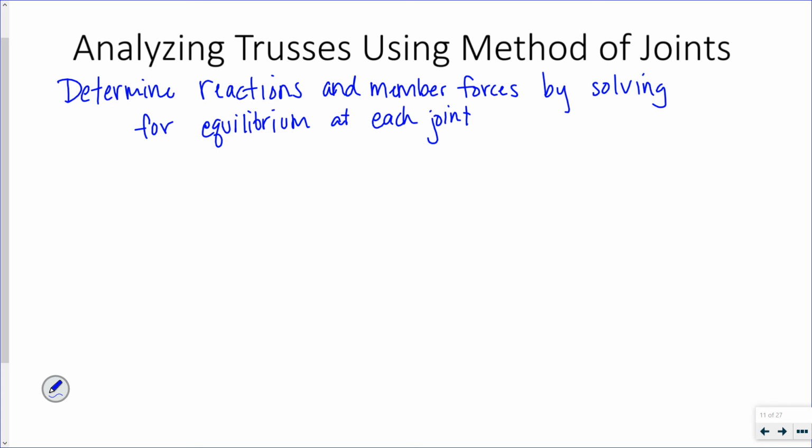Earlier we talked about how individual members can only have tension or compression. How do you determine which ones are in tension and which ones are in compression?